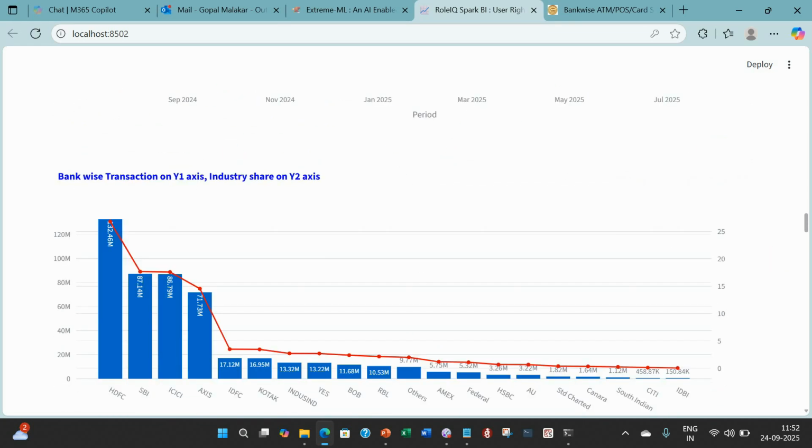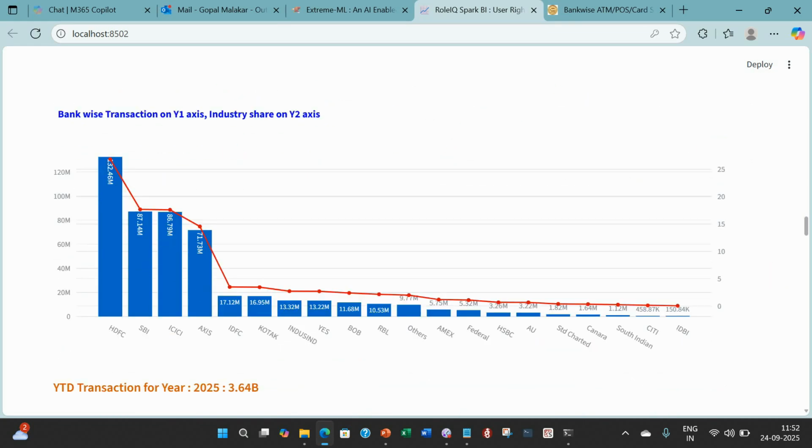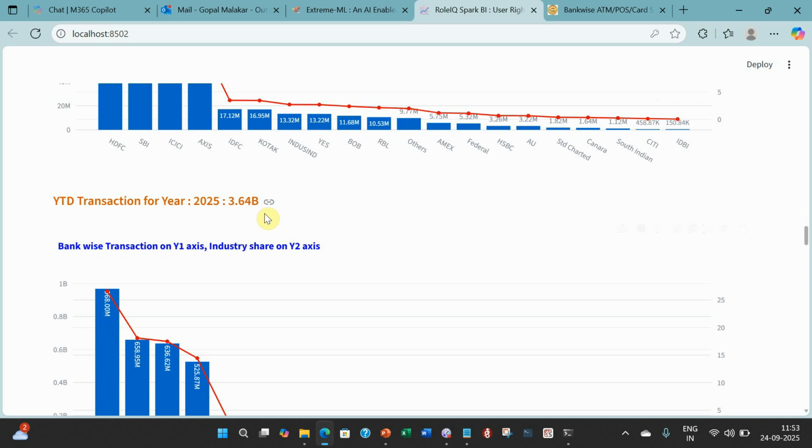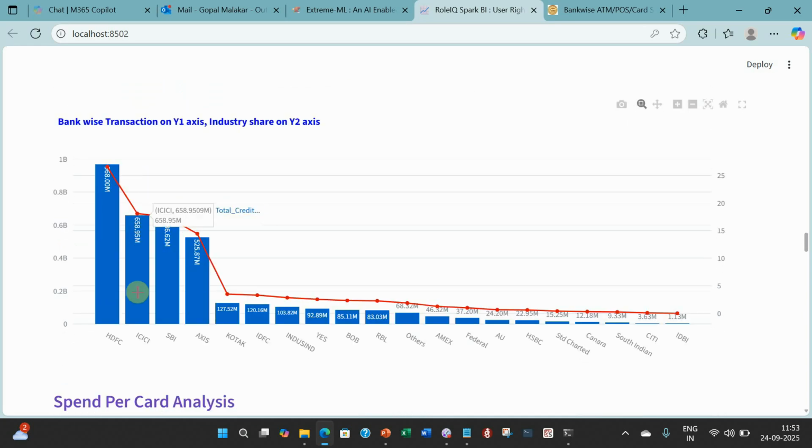Now let's understand, in transaction terms, who has the bigger share. You can see HDFC, SBI is number 2 here, then ICICI, Axis, which also proves probably ICICI has a slightly higher percentage of corporate, because in corporate you have bigger ticket size but fewer transactions. And look at YTD transactions: 3.64 billion transactions have happened, and obviously the ratio remains the same.